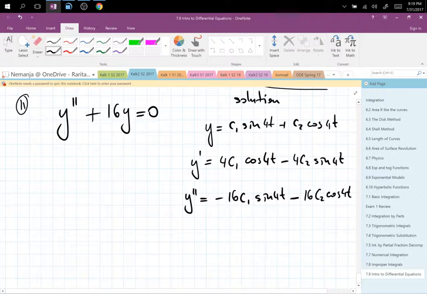What I did is take two derivatives because I need to plug in the second derivative. It was a second order equation. So now this thing goes here and this thing goes there. Plug in.